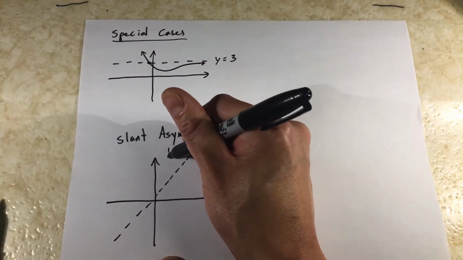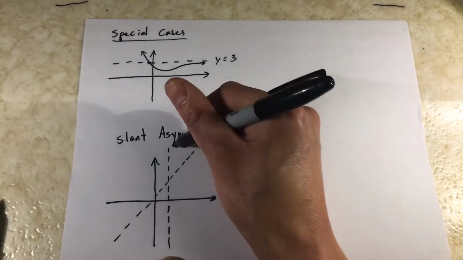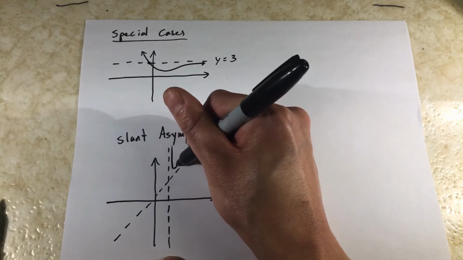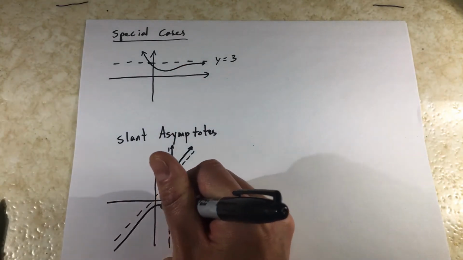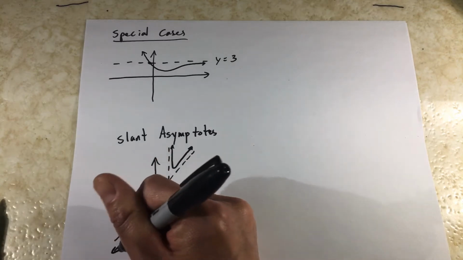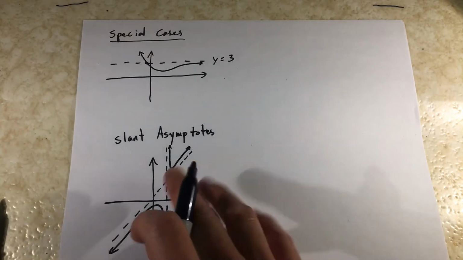Right? So let's say you have a slant asymptote and you also have a vertical asymptote. So your function may look something like this, where again, it doesn't cross those asymptotes at least toward infinity.